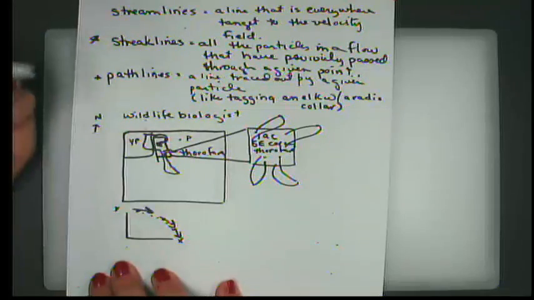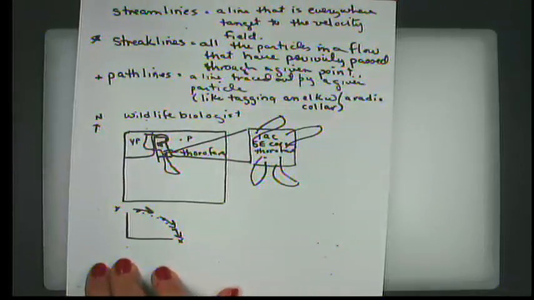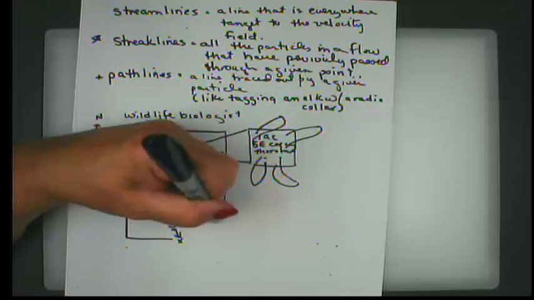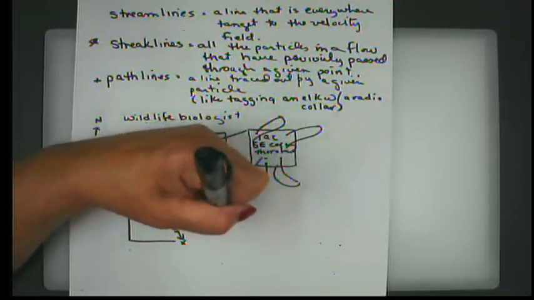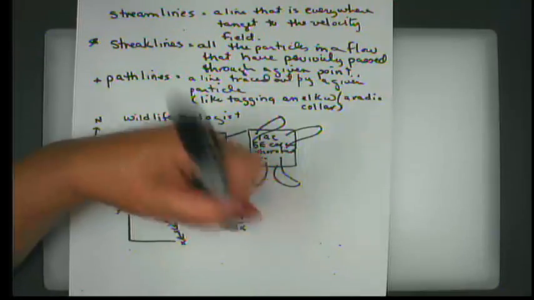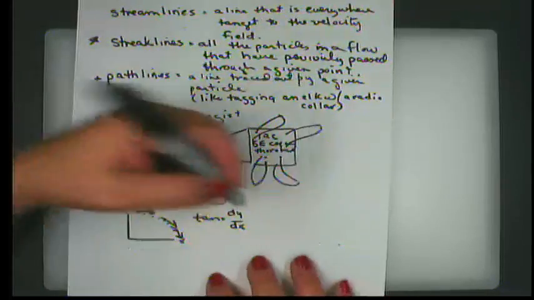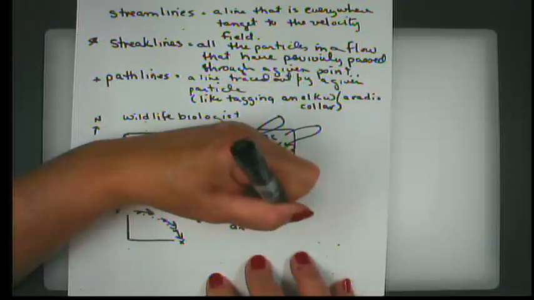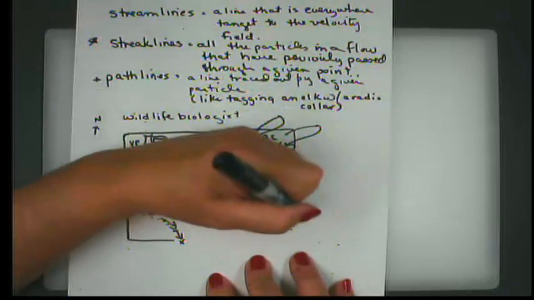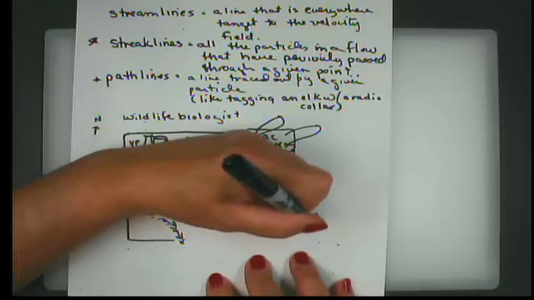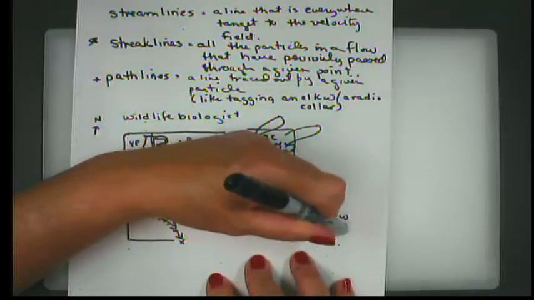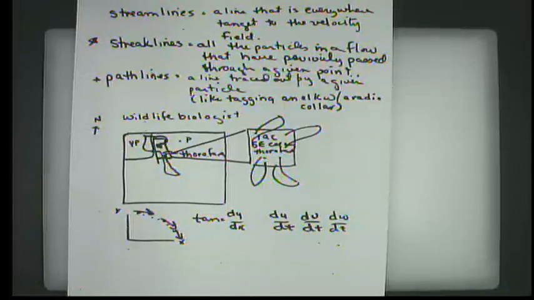So we're talking about the actual movement, not of the elk, but of where the elk tend to go, I guess would be the best way to describe it. And the tangent is going to be dy/dx, right? Or if we were talking about a velocity, we could be talking about du/dt, dv/dt, dw/dt, depending on how many variables we wanted to study.